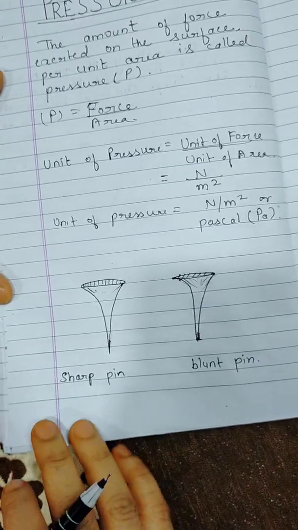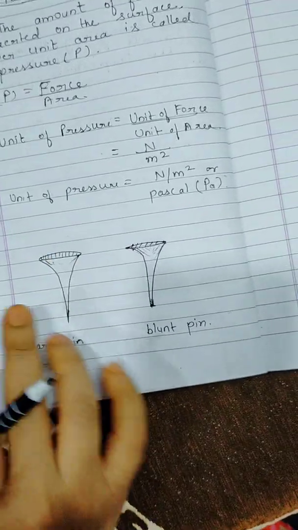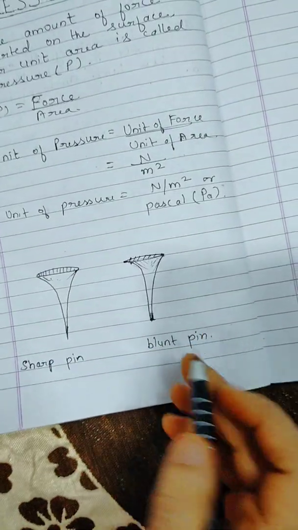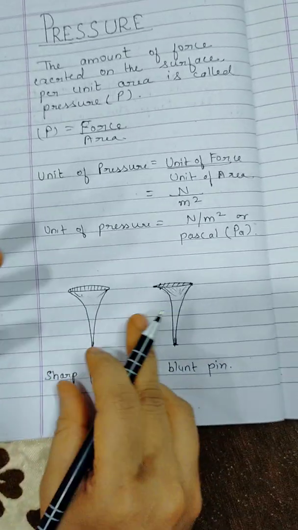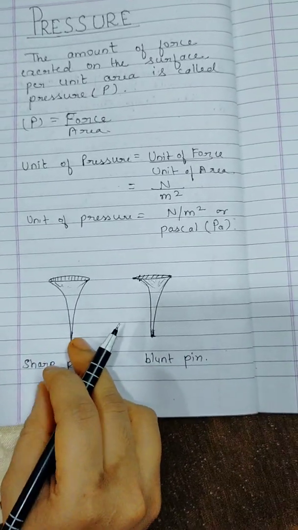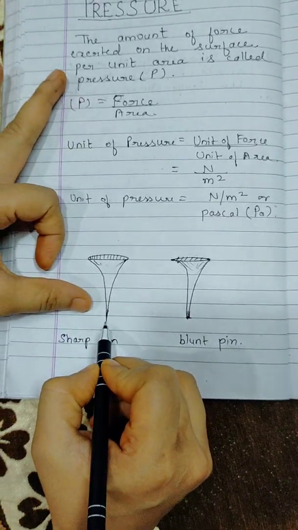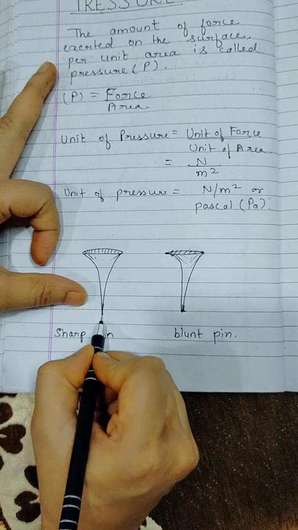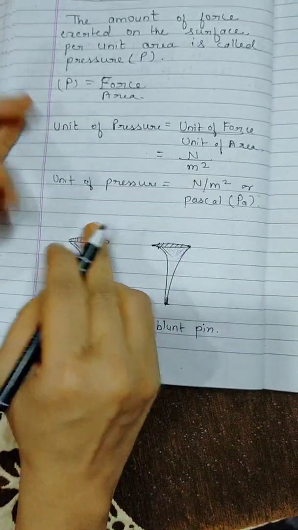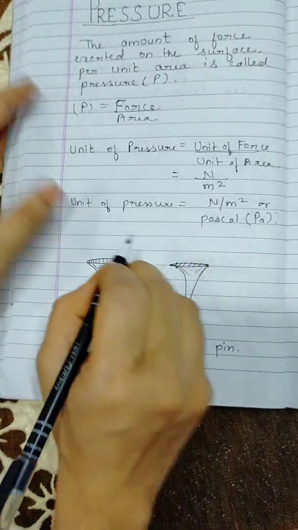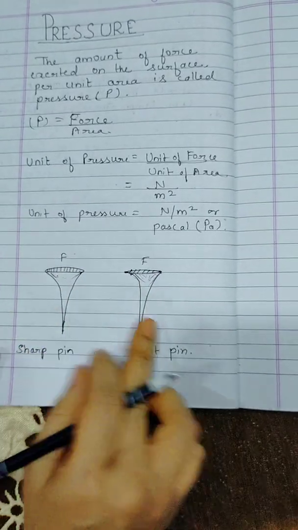Now to understand this, let us take an example. Suppose we have a sharp pin, and on the other side we have a blunt pin. Which one will be easier to push into the wall? It will be the sharp pin, because it has a pointed area. Suppose we apply the same amount of force F to both of the pins.